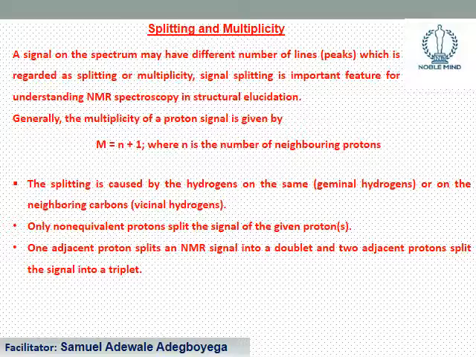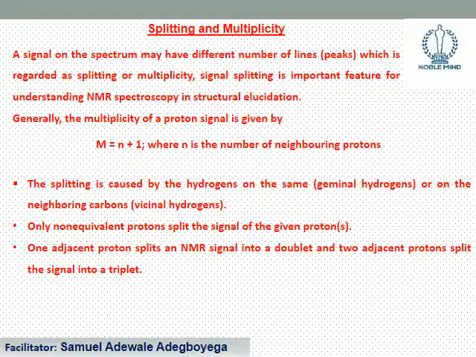And we say that only hydrogens that are non-equivalent can cause splitting. If hydrogens are in the same environment, they cannot split their signals by themselves. So it is only hydrogens that are in another environment that could split the NMR proton signal.